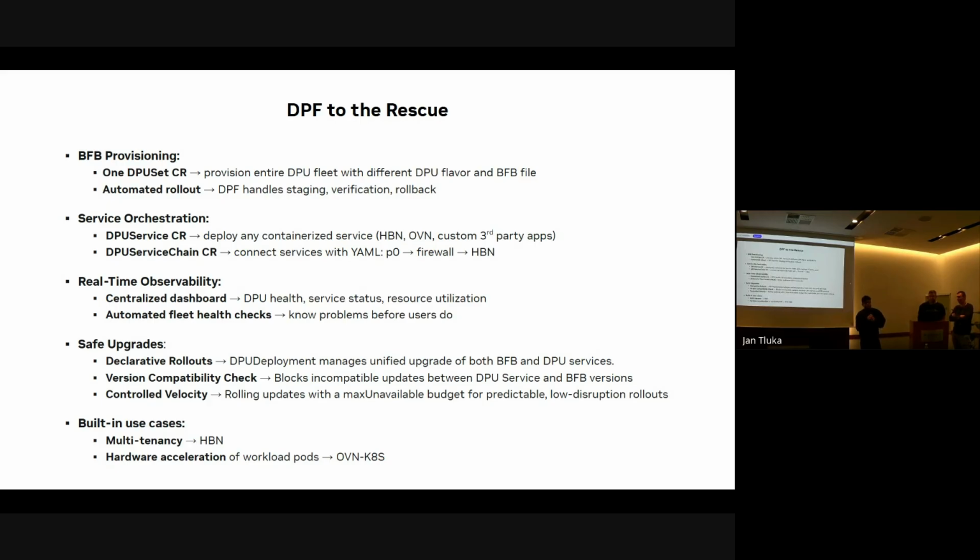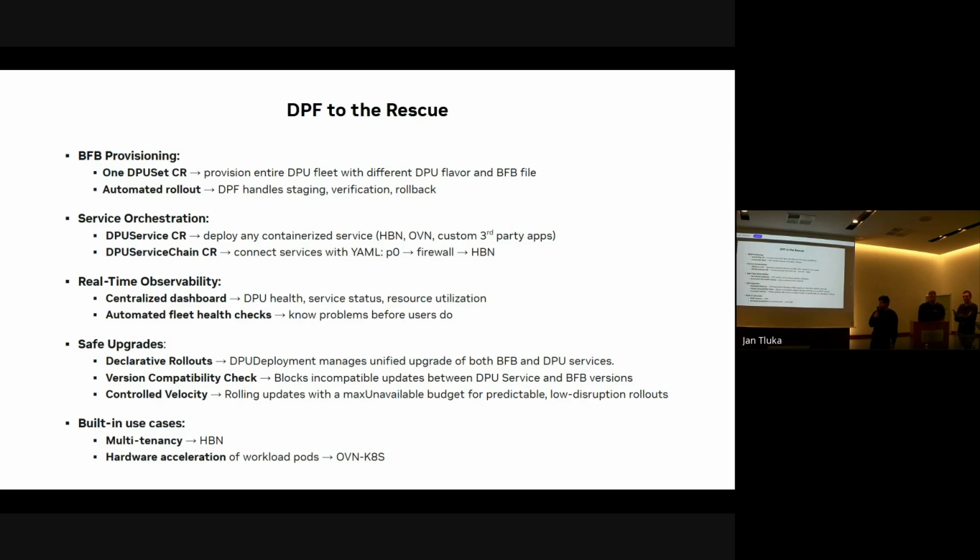You can pick the choice of your DPU flavor, which has the bf.cfg, and you can pick your BFB file, and you can target the set of Kubernetes worker nodes, saying that I want this to happen on this set of nodes, and our provisioning controller will take care of rolling it out in a staged fashion for you. It will also sanitize the configuration for you, so nothing messy happens over there.